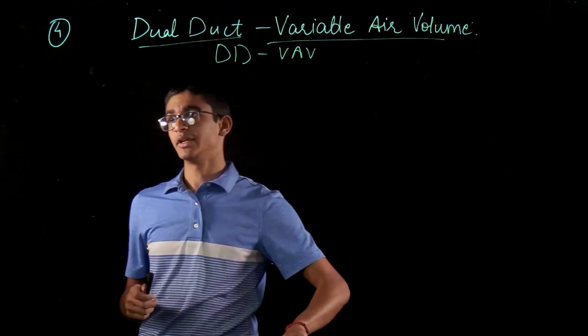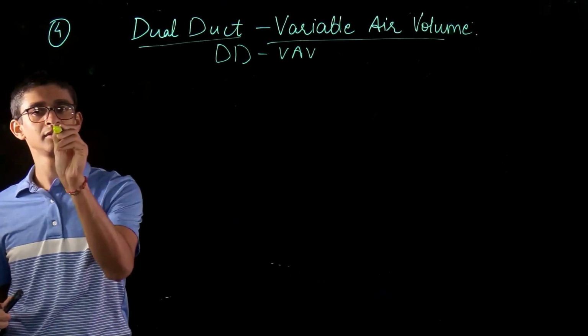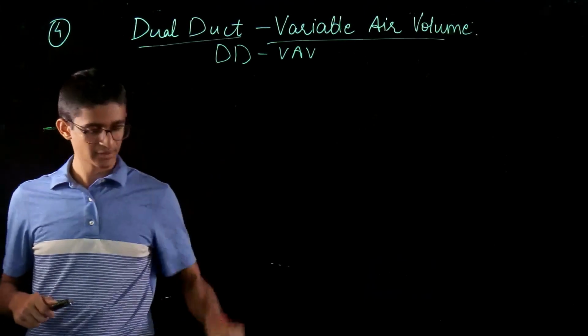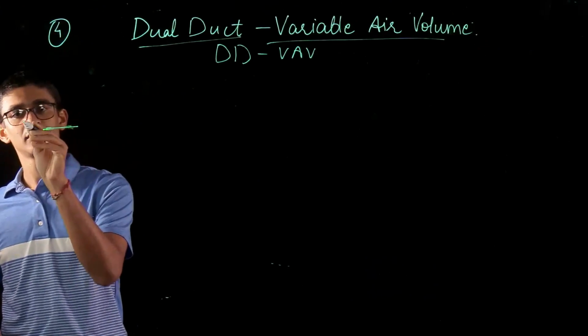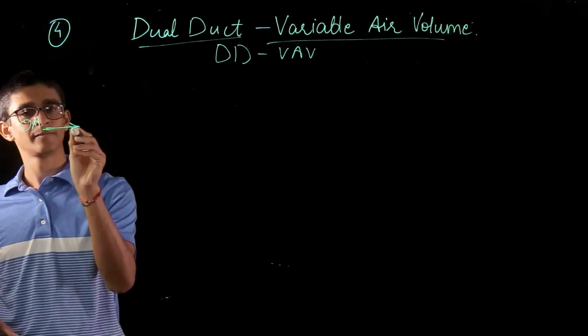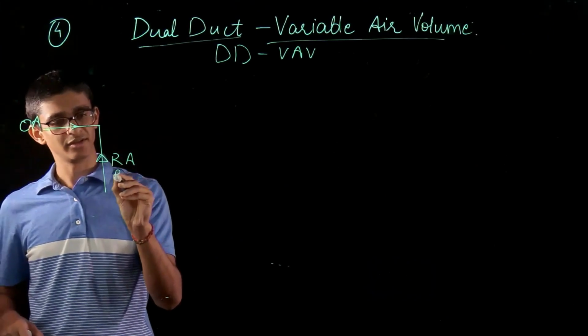To start with the schematic, let's say we have an outside air which is coming. We have some return air coming, which is return air.